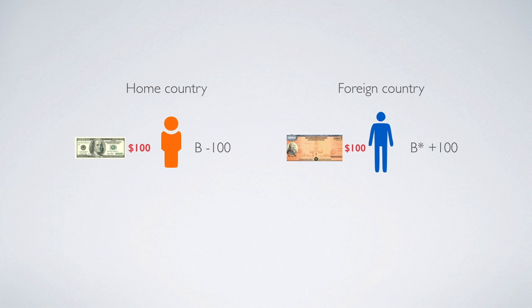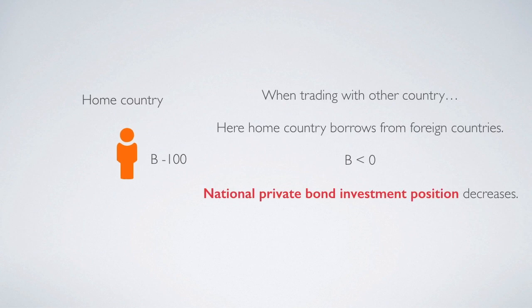Now we go back to the national bond investment position, which only sums all the bond positions of home country citizens. This transaction would make the sum become negative because there's no lender inside the home country on the other side, so it will not cancel out this number. So whenever the home country issues bonds and borrows money from foreign countries, this country's national bond investment position will drop.